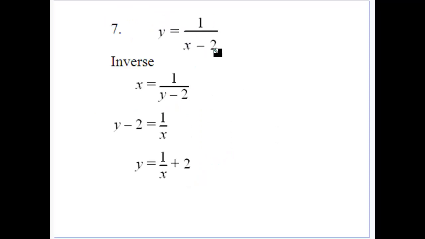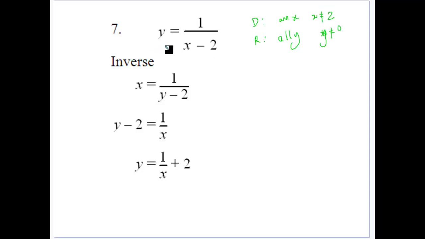Y is equal to 1 over x minus 2. Again, this is where the idea of the asymptote comes in, because the domain of this function will be all real x, except x can't be equal to 2. The range of the function was all y, but y is not equal to 0.